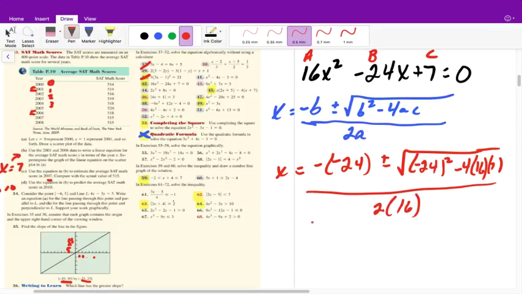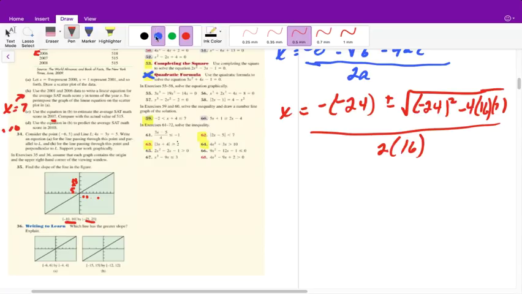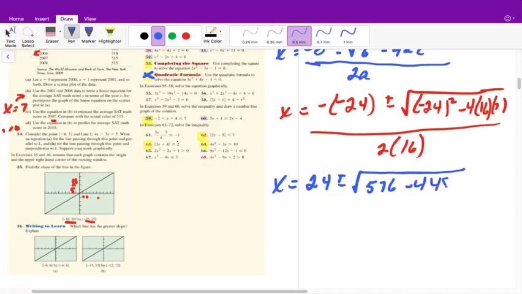All right, so then our x is equal to 24 plus or minus the square root of 576 minus 448 all over top of 32.